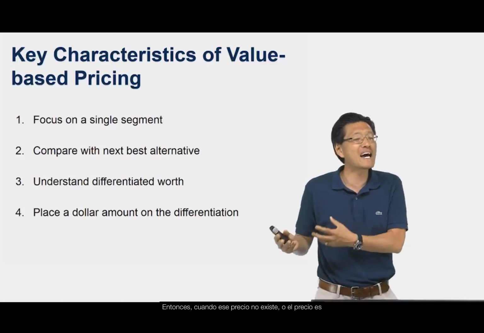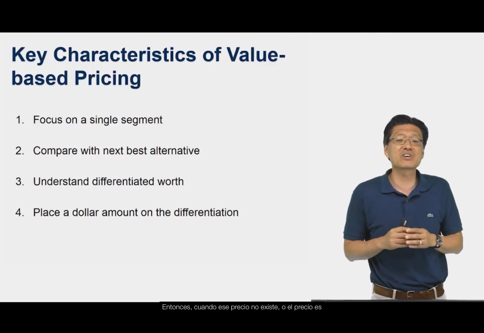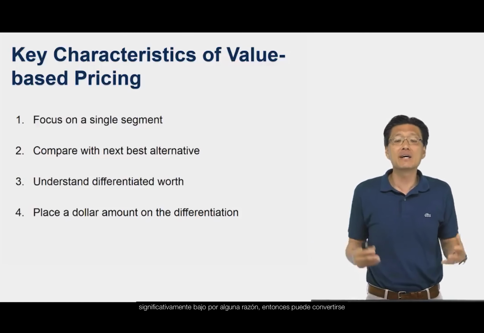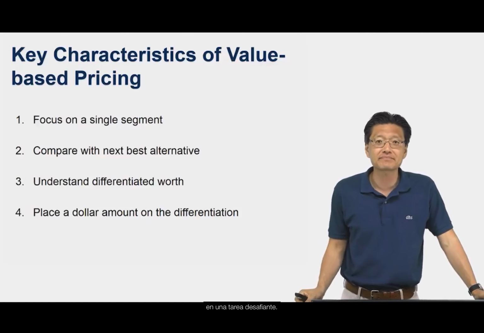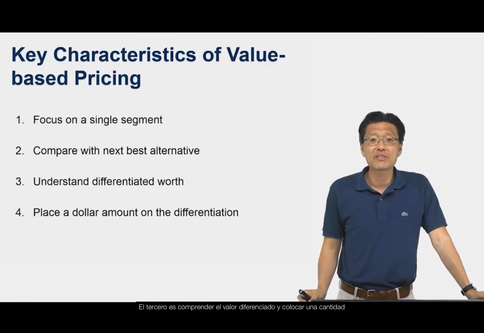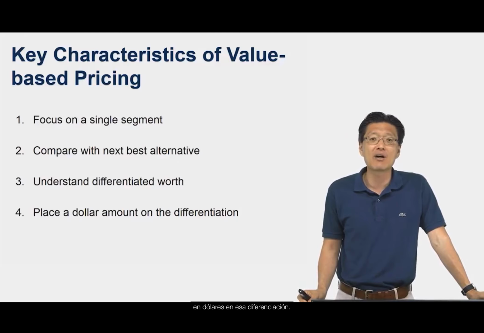So when that price does not exist, or the price is significantly low for some reason, then it can become a challenging task. The third is understand differentiated worth and place a dollar amount on that differentiation.